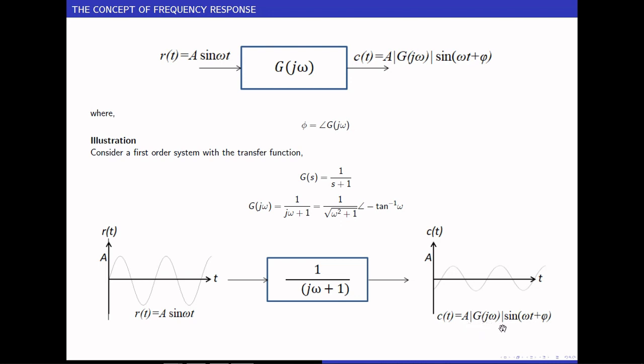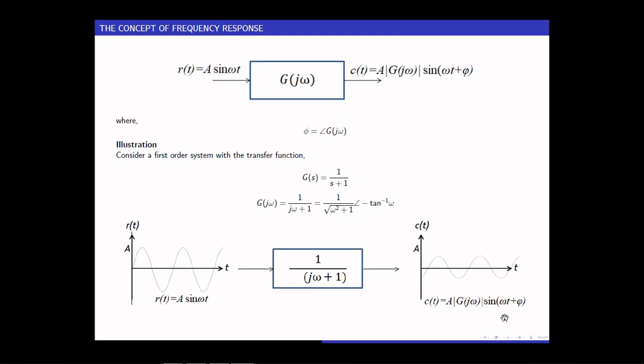If the magnitude is greater than 1, what will happen? The total amplitude will be greater than A. So I may not get the same amplitude at the output. Either I will get an increased amplitude or a decreased amplitude depending on the value of the g of j omega magnitude at that particular frequency, at that particular omega value.